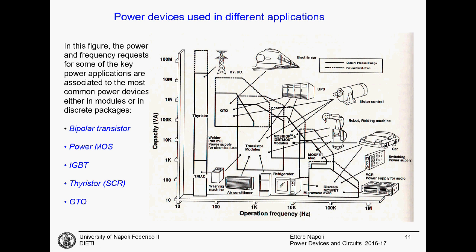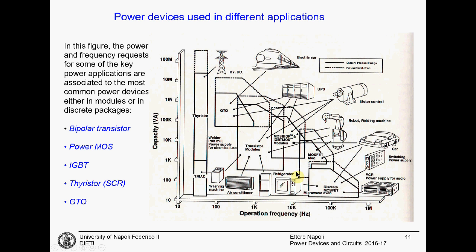And in addition, you can see that it is also indicated which is the typical device that we use for every application. What you can see here that there are MOSFETs at very high switching frequency.